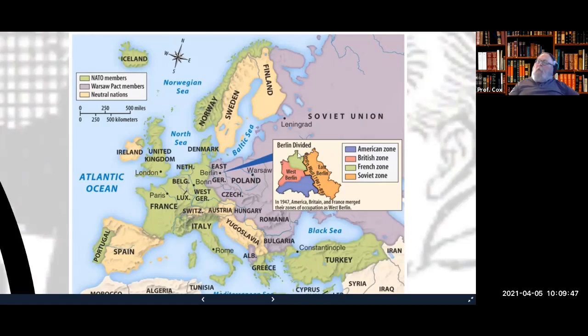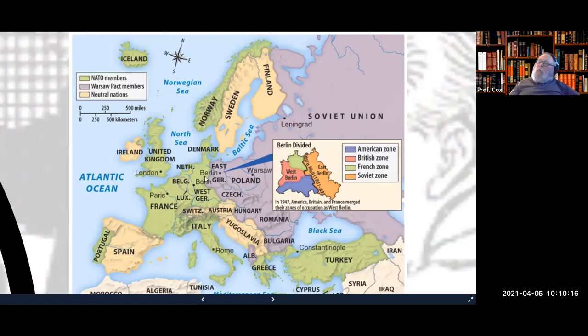And at the Potsdam Conference, they divided Berlin into four different zones of occupation, which eventually will be consolidated into two, East and West Berlin. East Berlin will be controlled by the Soviets, or the East German Communist Party. West Berlin will be controlled by the Western Allies.